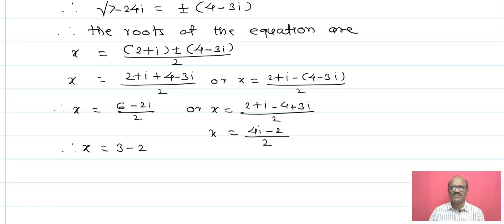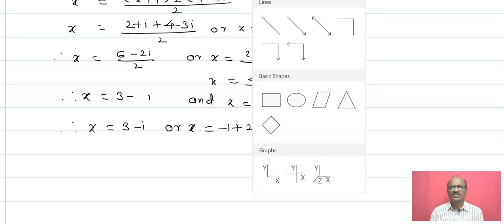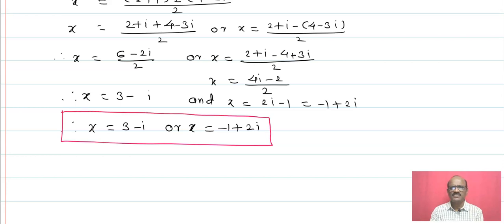Now, therefore, x divided by 2, then you are getting 3 minus i, and on the other side x is equal to 2i minus 1. And now see this, it is written as minus 1 plus 2i. Therefore, the roots are x is equal to 3 minus i or x is equal to minus 1 plus 2i. These are the roots of the given quadratic equation.